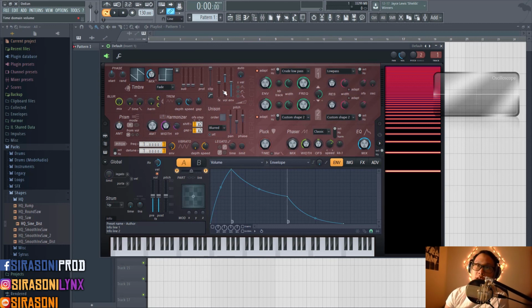The effects thing is, at 0 it means it's just wet, and then up here is completely dry. Up here the phase is inverted. You see how the phase comes out the opposite way? Yep.